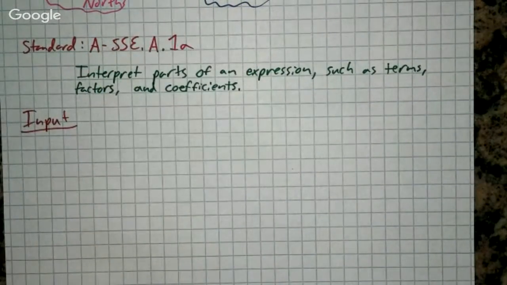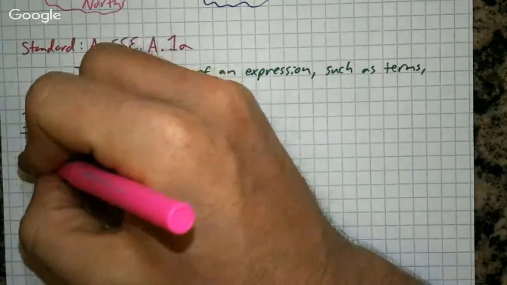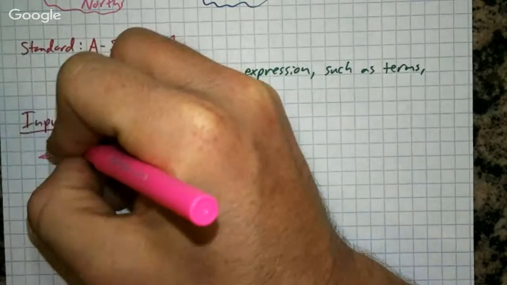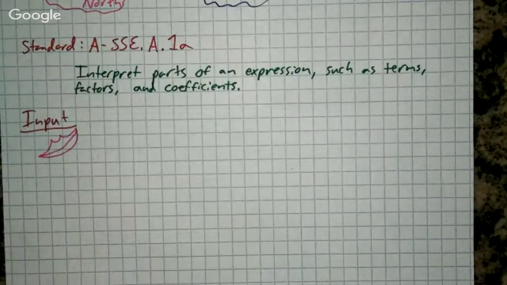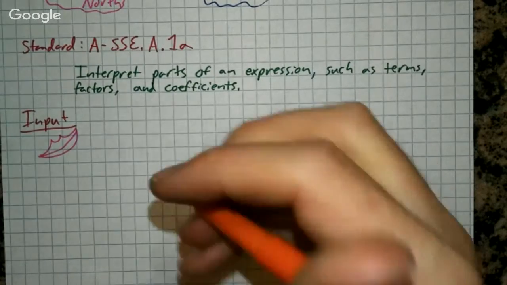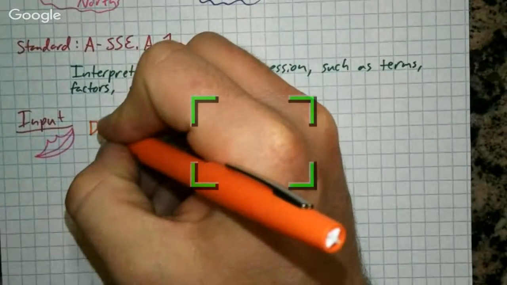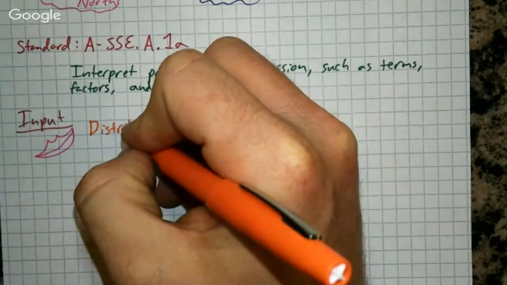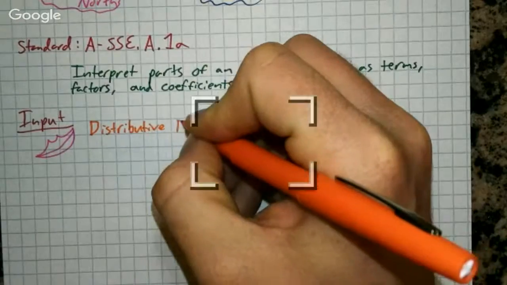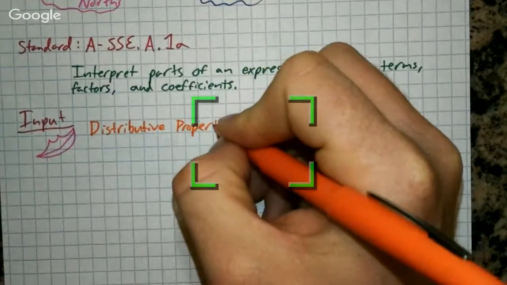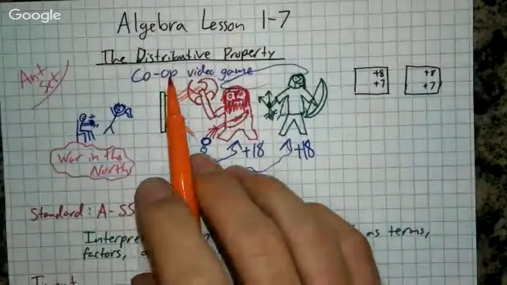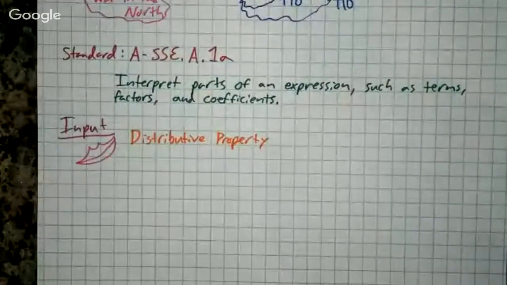And we're going to start off input with a few language of the discipline. Some of this you may know, but it's always good to have these terms down and know when we're going to need them. So the first term is going to be something we've heard about for a very, very long time, but it is the distributive property. The distributive property, which, look at that, it's the name of our lesson today.